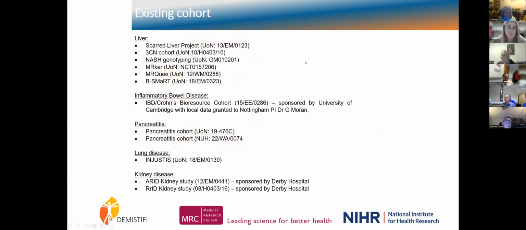And these are the cohorts which we have put together over the years, which we are going to study. So we are starting with 5 primary organ-related fibrosis or scarring cohorts, which we have already enrolled through different ethical approvals. These are all ethically approved studies which have already been done, and I have collected the data.